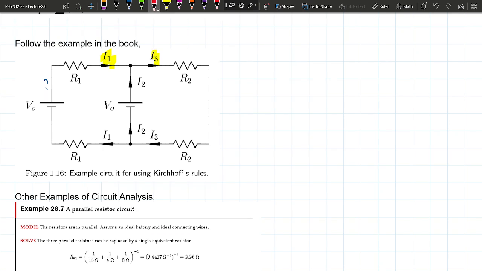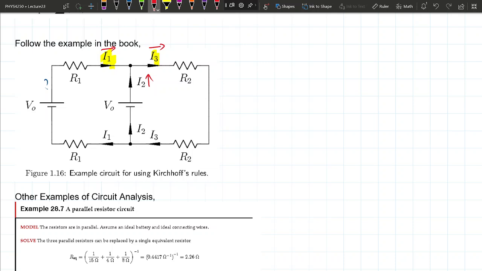So what the book decided to do is to declare this to be going to the right. When you're doing this, don't put this little arrow here. Just draw the arrow on top of it. And the book also decided that we're going to make I2 coming in here. That's actually kind of smart, because these batteries are what's pushing the current along. Making the current go down this way doesn't make sense because it's going to be opposed by that battery.